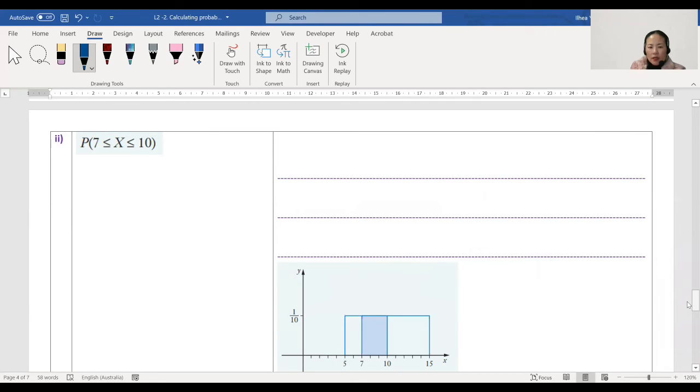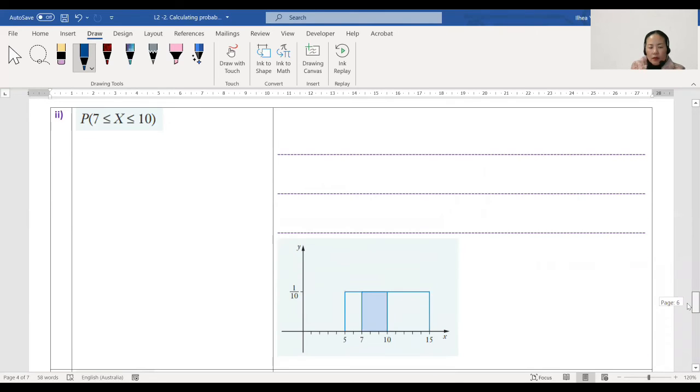Another thing here. This time it's 7 to 10, so not all the way to 15, but in between. So we do 10 minus 7, and the length is 3 here. Can we predict the answer?